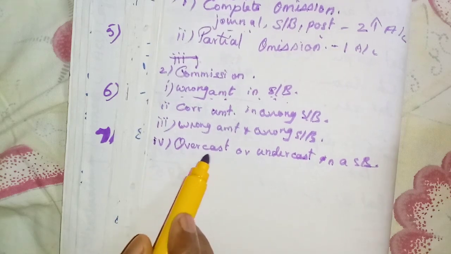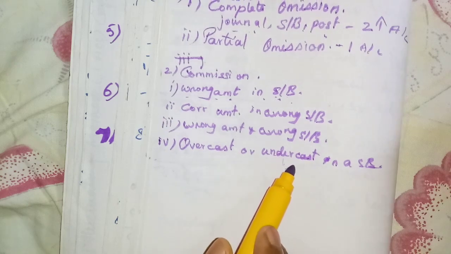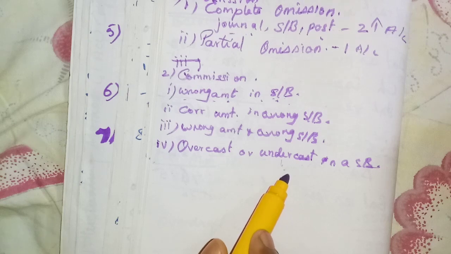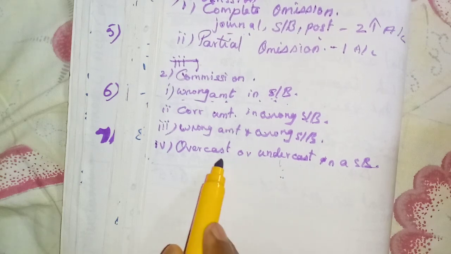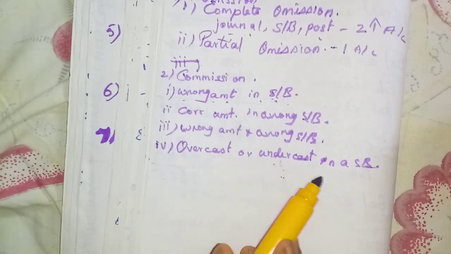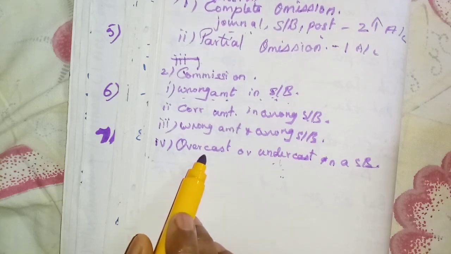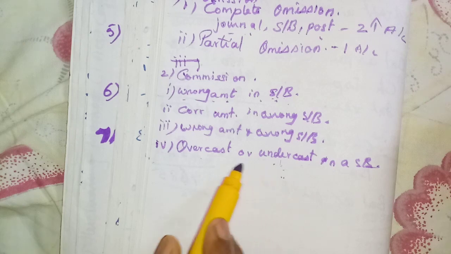So either they total more or they total less. That is called overcasting and undercasting in a subsidiary book. When we add, the correct total may be 1000, but if they write 900, that is undercasting. If they write 1100, that is overcasting.